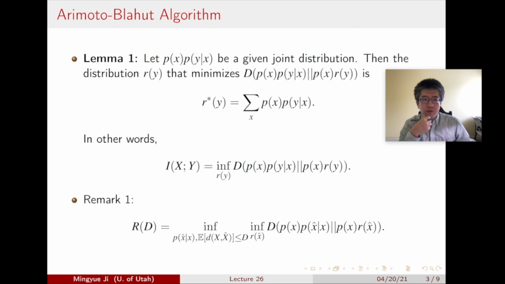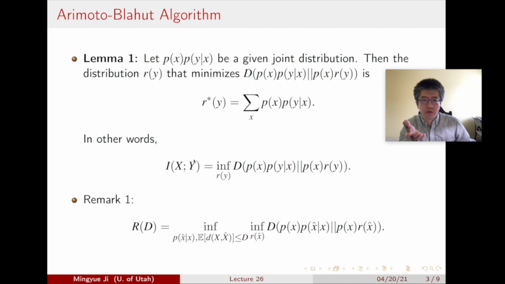The fundamentals of the Arimoto-Blahut algorithm are the following two lemmas. The first lemma tells you that the R_x hat that minimizes this relative entropy is given by this form. In other words, if we plug this in here, then what we are getting is the mutual information, right? And we know that the mutual information is the quantity that we want to minimize for the rate distortion function.